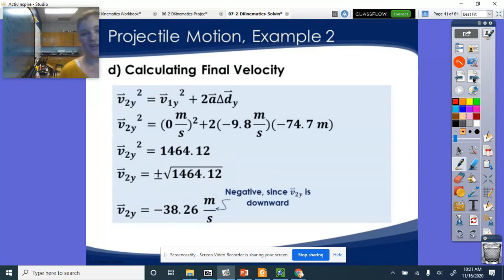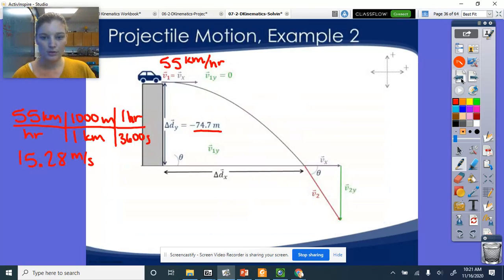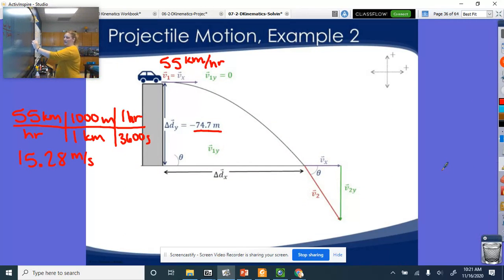And then for final velocity, I want to know my final velocity in y because my x is constant throughout. So if I go back to this, I already know that the final velocity of my x is going to be that 15.28. They're using 15.27 repeating; I rounded up to 15.28. So I already know what that's going to be. I need to solve for my y so that I can get what my resultant vector is going to be.